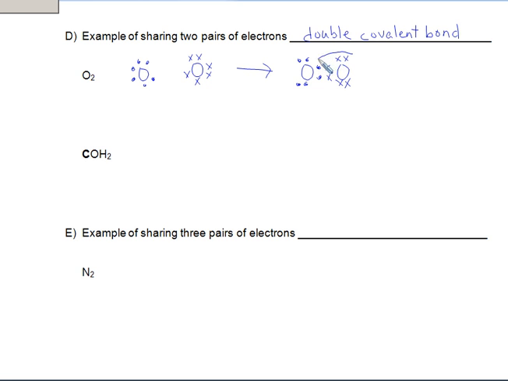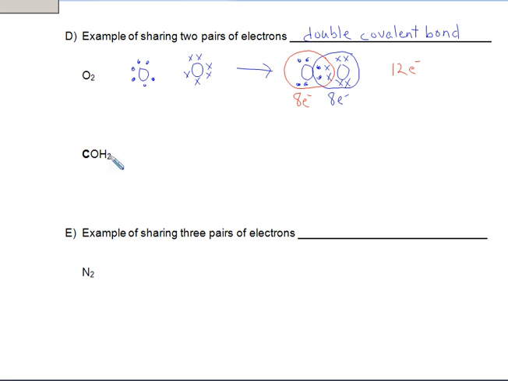If we draw a Venn diagram showing the electron sets, you can see that we have 8 electrons around this oxygen, and the second oxygen also has 8 electrons because it gets to count the shared electrons also. So both oxygens have fulfilled the octet rule with 8 electrons, even though we only have a total of 12 electrons in the entire oxygen molecule.